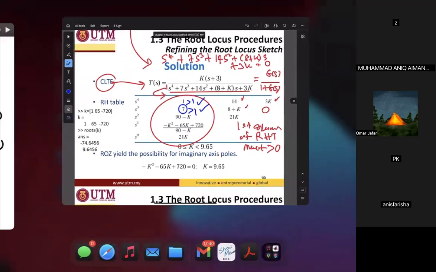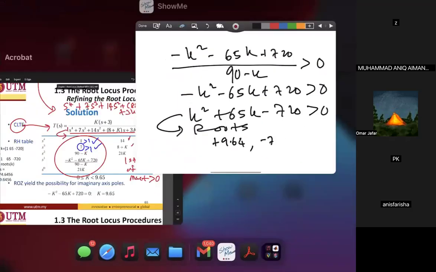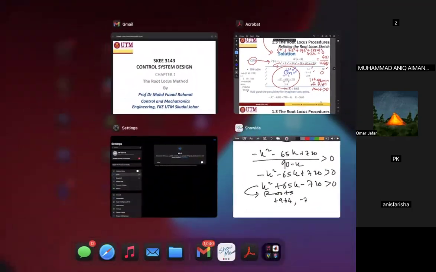Root number 1, 9.65. And root number 2, negative 74.65.